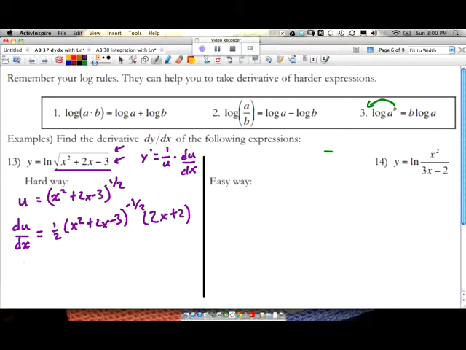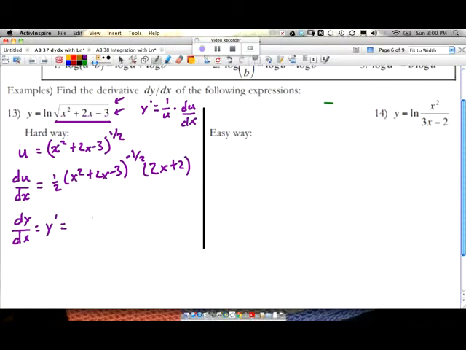So what would we get? Well, it's saying find dy dx. Let's go ahead and write it like that. Same thing as y prime, dy dx, which equals y prime. We got 1 over u, so that's 1 over x squared plus 2x minus 3 all to the 1/2 power, times du dx.